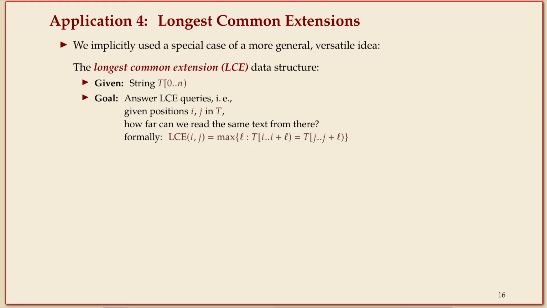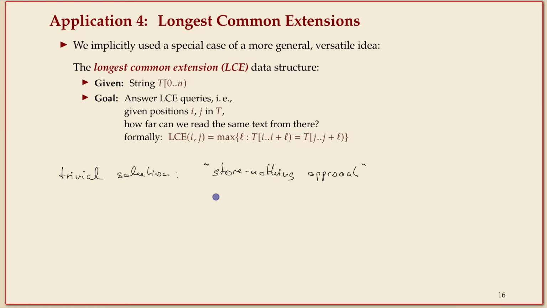So maybe the trivial solution, as often, is to not do anything at pre-processing time and always compute it from scratch at query time. So I call this the store nothing solution. Probably deserves quotes. And then how do you solve an LCE query?